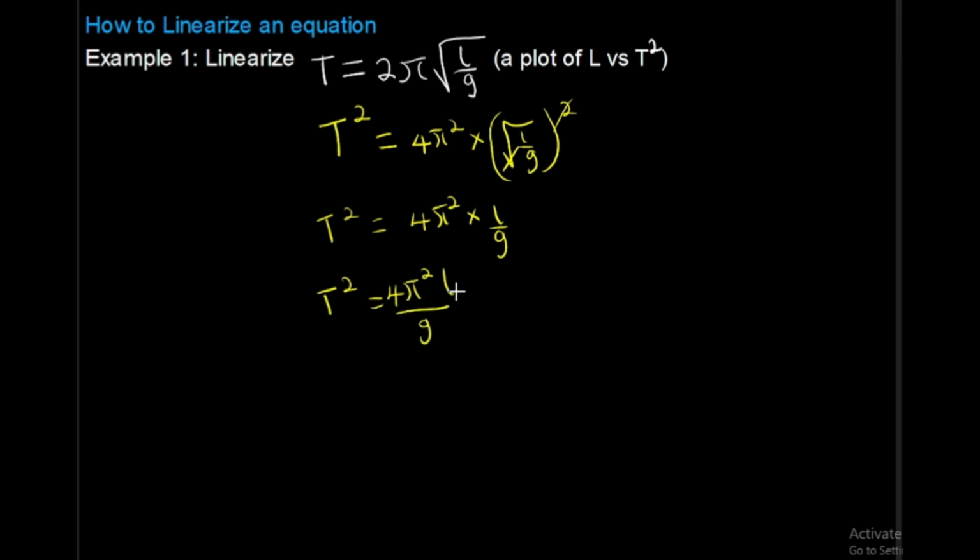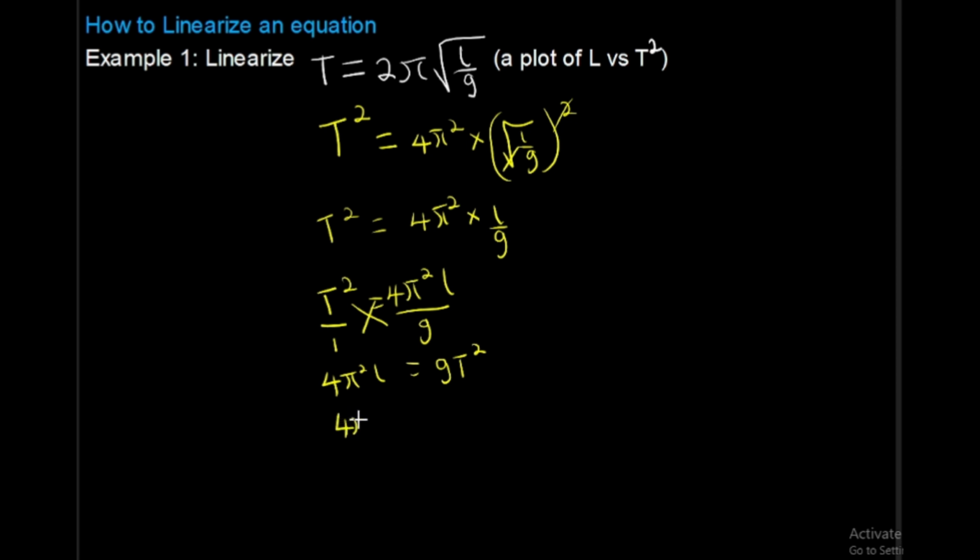Now remember, we want to make L the subject of the formula, right? So we cross multiply here. T squared is the same as saying T squared over 1. If we cross multiply, we have 4 pi squared L times 1, which gives us 4 pi squared L equals T squared times g, that is gT squared. If we divide both sides by 4 pi squared, we're going to have L as the subject.